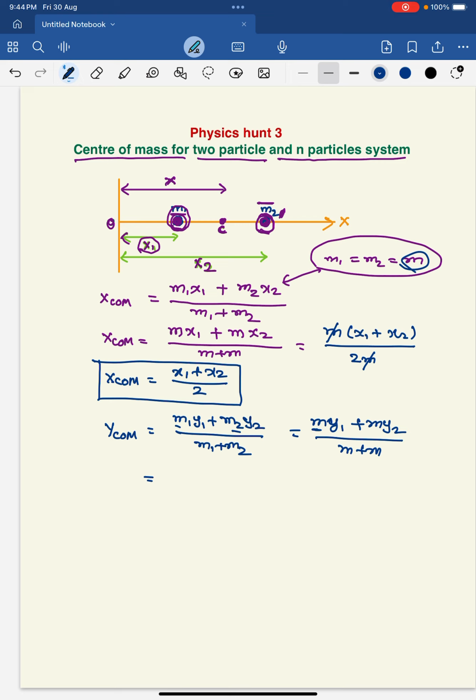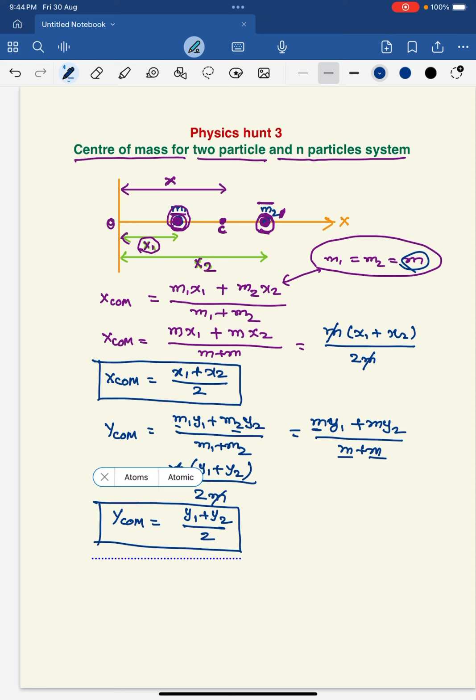In the numerator m is the common term, so take it outside: m into y1 plus y2 by 2m. The m cancels, so y center of mass is equal to (y1 plus y2) by 2. If the two particles are lying along the z-axis, then z center of mass is equal to (z1 plus z2) by 2.